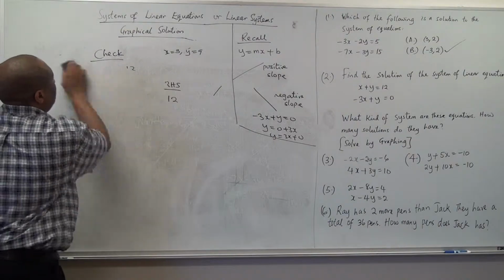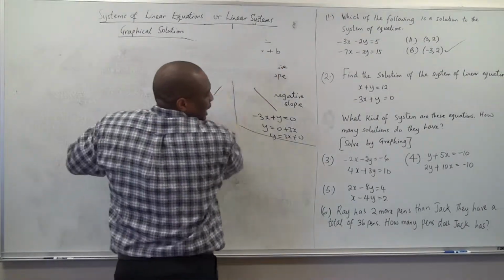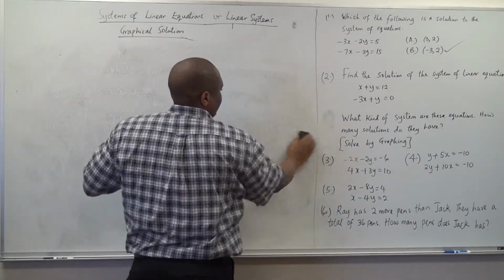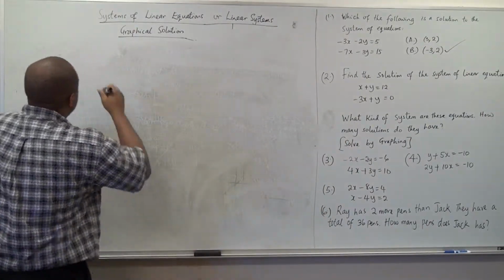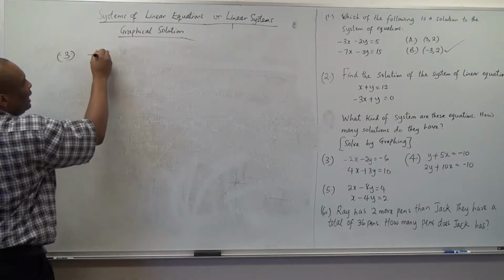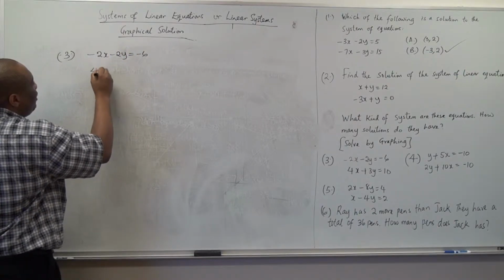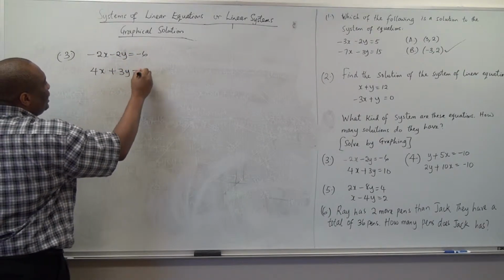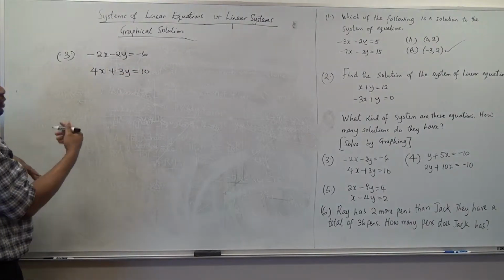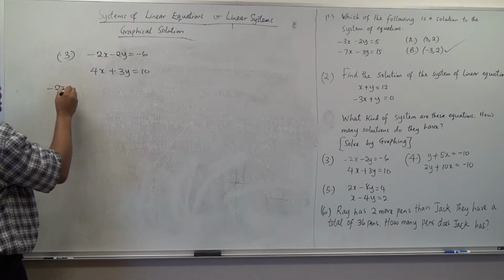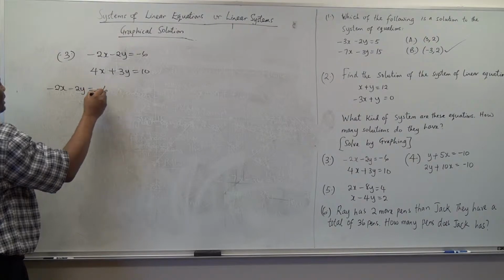Now, we've got about 4 more and we're done. Okay, number 3 is the same way you do it: negative 2x minus 2y equal to negative 6, and 4x plus 3y equal to 10. Negative 2x minus 2y equal to negative 6.